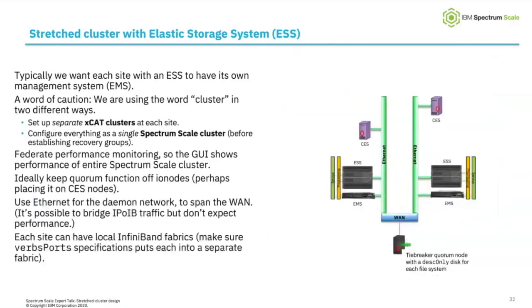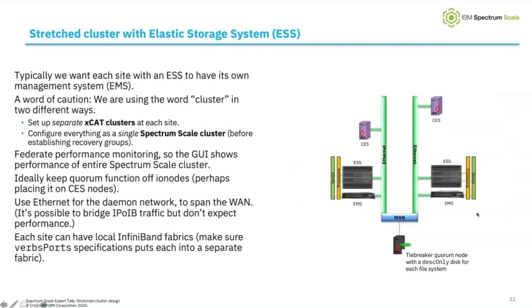You can build a stretch cluster with an ESS. Now, when you have an ESS, you can run into the problem that the word cluster is being used in two different ways. Each site will have a separate xCAT cluster, but together they form a single Spectrum Scale cluster.